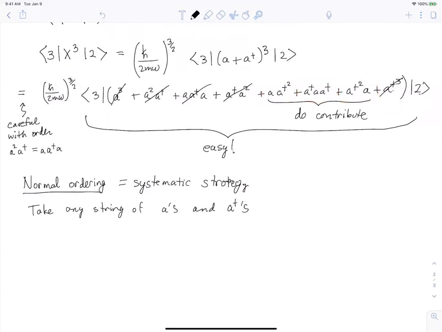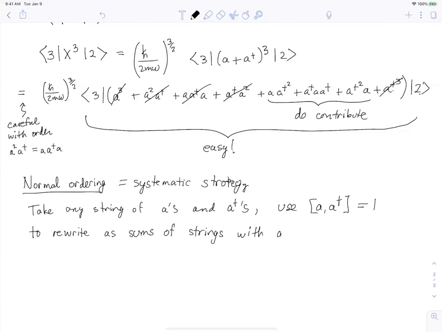Okay, and for each one of these, you use the commutator of A with A dagger is equal to 1 to rewrite it as sums of strings with all A daggers on the left and all A's on the right.